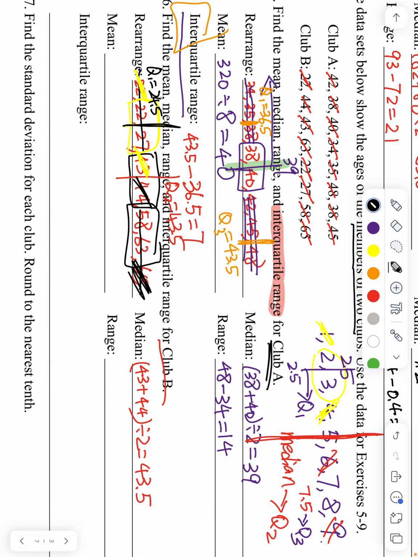So 58 plus 63 equal to 121 divided by 2. So 60.5. Q3 equal to 60.5. That's the median for the upper part.